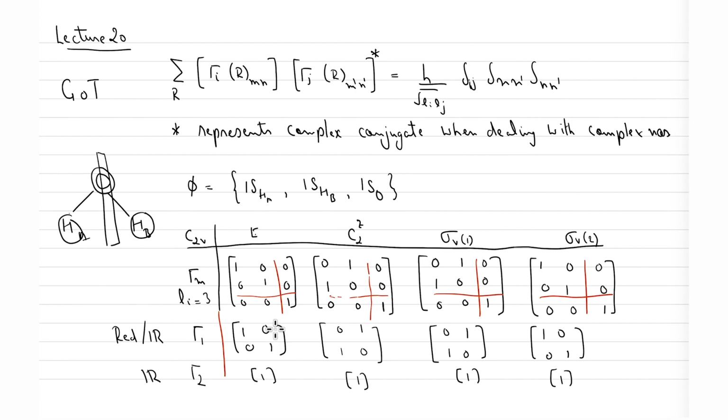In that case we'll again be able to reduce it further to 1 cross 1 matrices, right? But we don't know at this point whether it is possible or not. So let us try to apply the GOT properties to these two representations, considering that it's an IR representation. The GOT applies only to IR representation, that is, irreducible representation.